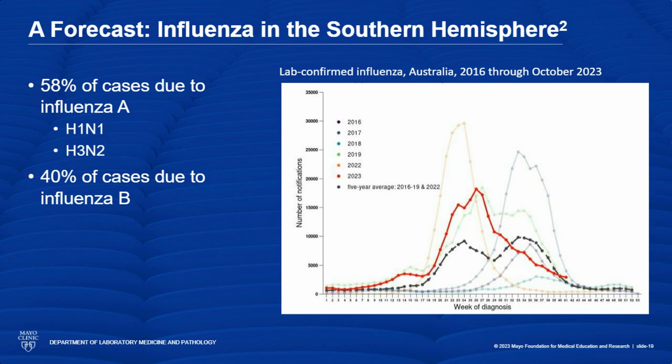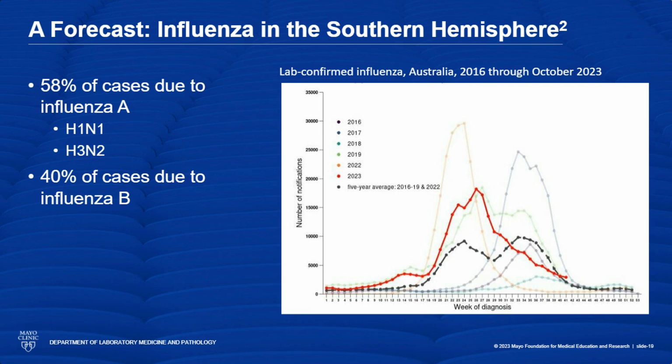And the other lines, which are a bit fainter, represent past years dating back to 2016. And you can see that the red line corresponds with what I would call an average, maybe slightly elevated influenza season in Australia. Definitely what we would expect more in the pre-pandemic era.